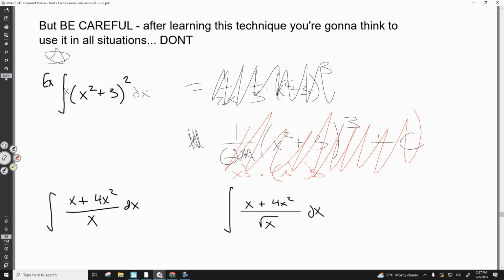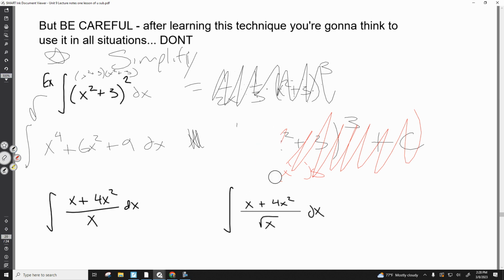But what I need to remind you of is that sometimes simplification is the way to go. Sometimes, and you have a test question just like this after spring break, the best thing to do is to just rewrite it by squaring x squared plus 3: x squared plus 3 times x squared plus 3, x to the 4th plus 6x squared plus 9, and then take the antiderivative of all of those things.